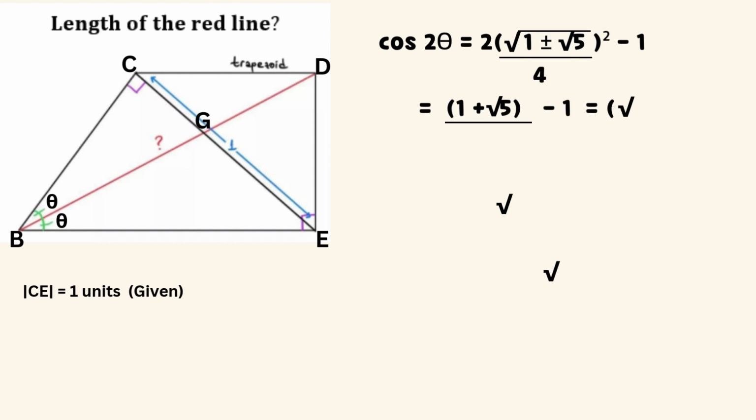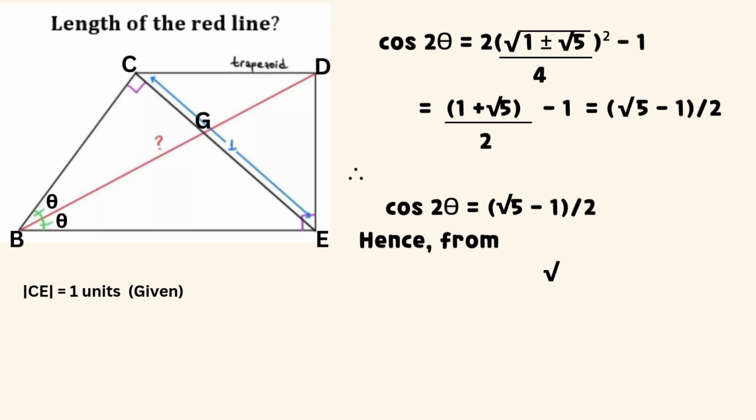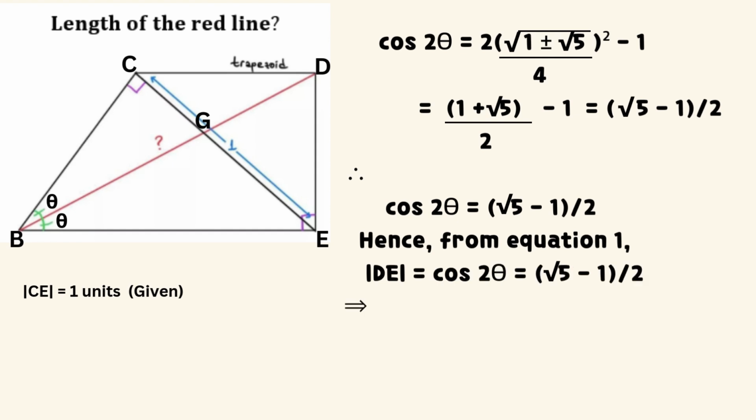Cosine 2 times theta equals the result shown on the screen. Therefore, cosine 2 times theta equals half the square root of 5 minus 1. Hence, from equation 2, line DE equals cosine 2 times theta, which equals half the square root of 5 minus 1.